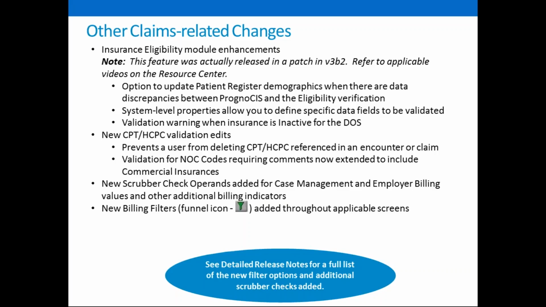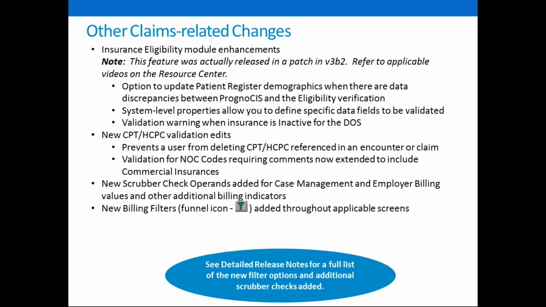What this upgrade was to the eligibility module is you have the ability now of identifying, based on a property you define, certain data elements under patient register that you want to auto-update when there's a discrepancy. So maybe the patient has given you wrong information and the insurance has different details, or vice versa, of course.